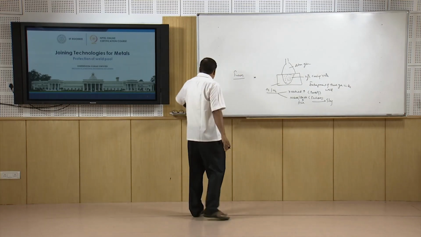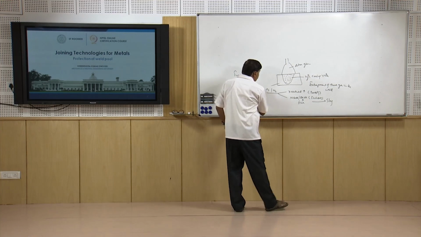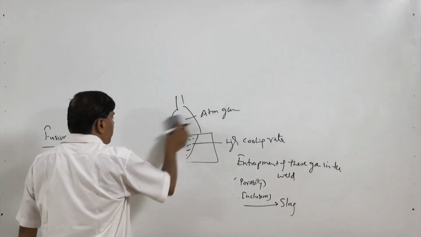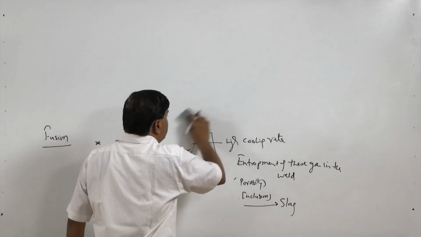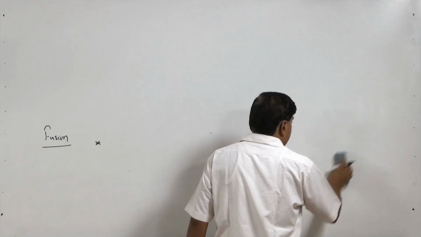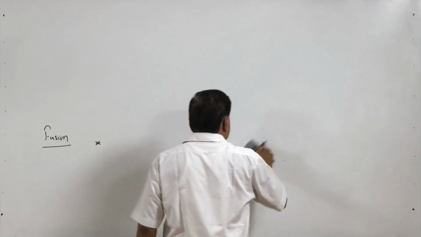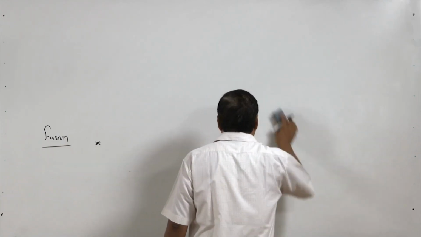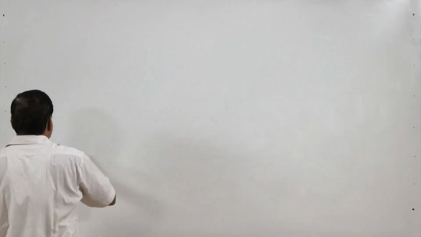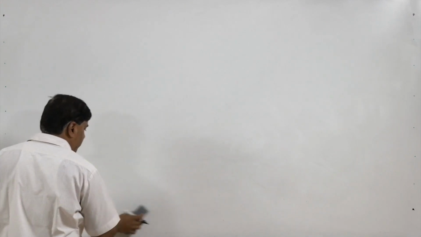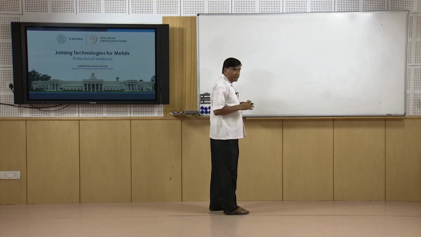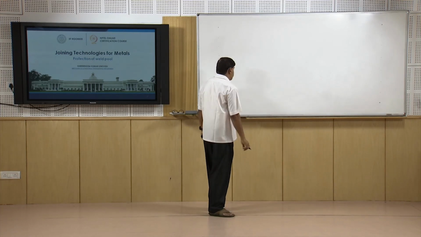Now, we will see how specifically these gases affect the weld joint whenever these are present in larger quantity. Before going into that, from the welding point of view, we will try to see how the content of the gases in the weld metal is affected by the processes being used.